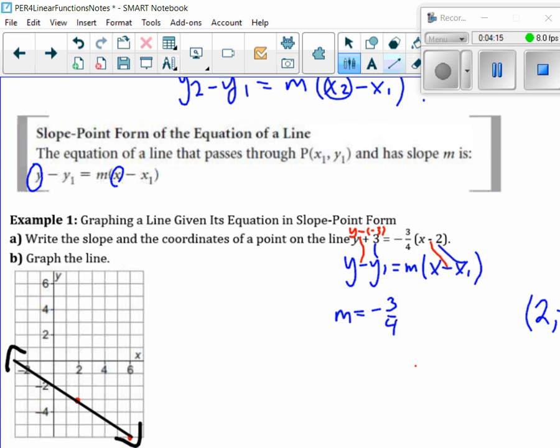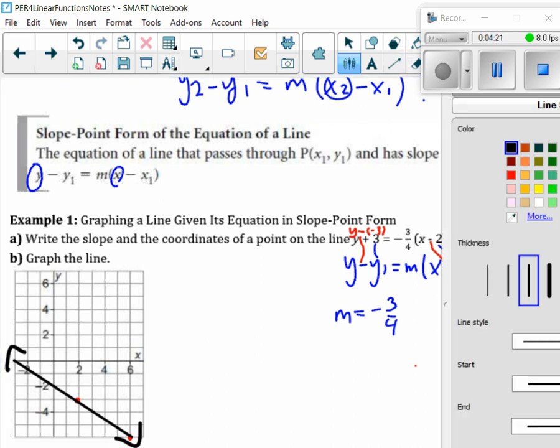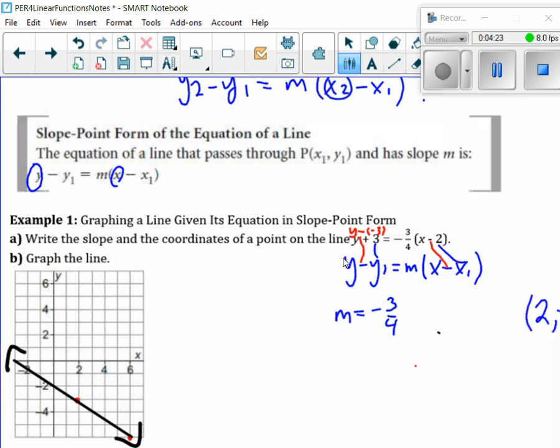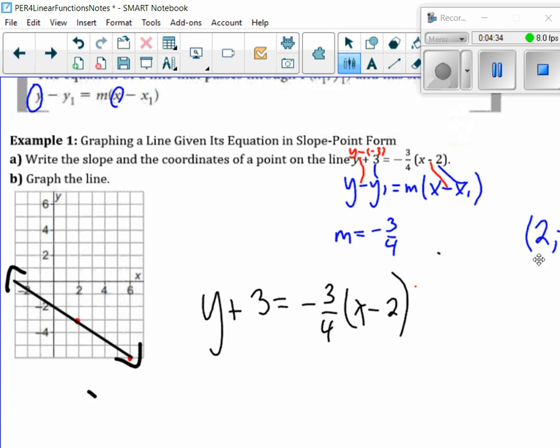Okay, so just to prove to you that that is actually the line I just graphed here, watch this. Okay, if I have y plus 3 equals negative 3 over 4 times x minus 2. What I'm going to do here is multiply this in, yes?